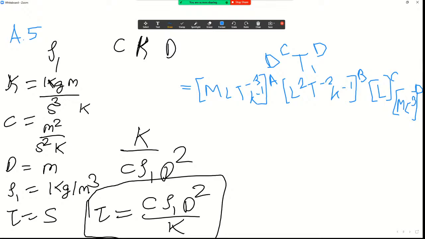So this is our answer for A5. If you guys are looking at the solutions, then it would be helpful if you confirm the answer. Okay, so someone said it is correct. So we can proceed.